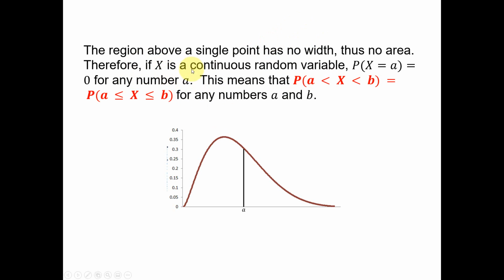So therefore, if x is a continuous random variable, the probability of x equals a is 0 for any number a for a continuous distribution. A reminder that we're talking about continuous distributions. This means that the probability of a less than x less than b is equal to the probability of a less than or equal to x less than or equal to b for any numbers a and b.